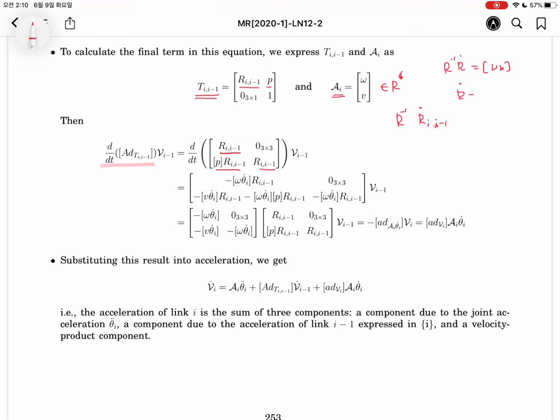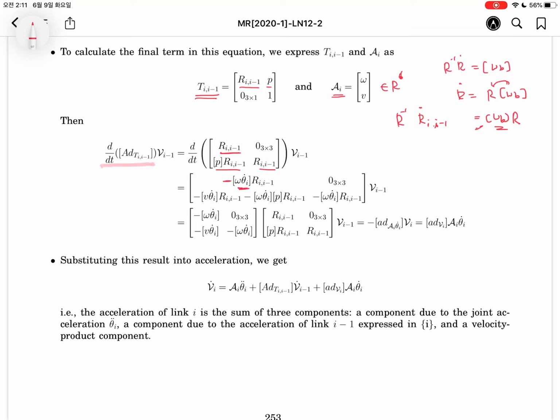So R dot will be R omega_b. By exchanging both parts, omega_b R, the minus sign is required. So minus, where omega_b corresponds to omega θ_i dot.